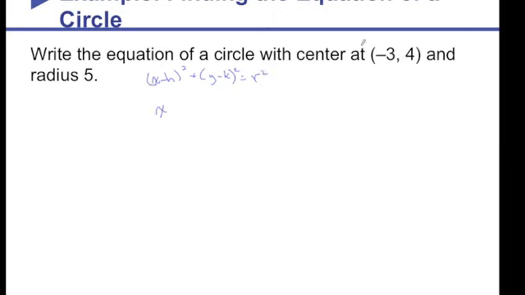So x minus -3 turns into x plus 3, the quantity squared, plus y minus 4 squared equals 5 squared. Now we could multiply this all out, but they just asked for the equation of a circle, so let's leave it in this form.